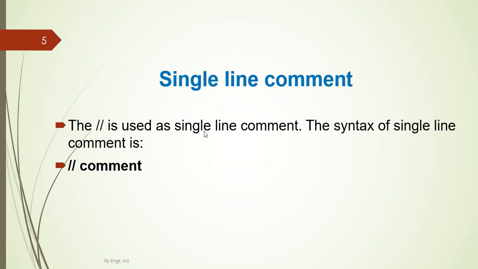Now, to add a single line comment, you need to insert this symbol, that is //, in front of the comment line. The syntax of a single line comment is this symbol, //, and then your comment.